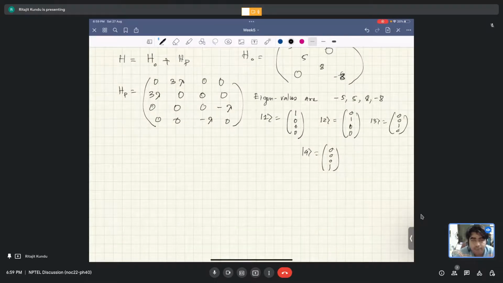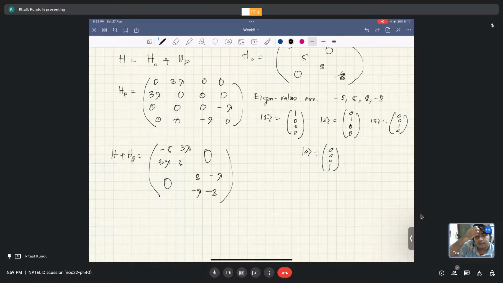So this is my HP. First of all, let us try to find the eigenvalues of this H plus HP exactly. H plus HP has minus 5, 5, 8 and minus 8 on the diagonal, with the entries 3 lambda, 3 lambda, minus lambda, and 2 by 2 zero blocks elsewhere.